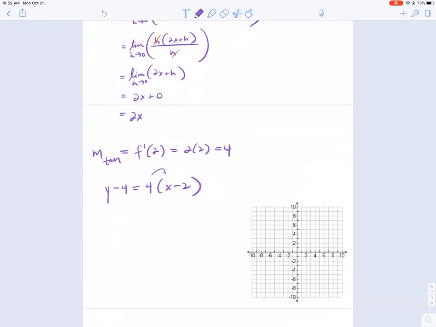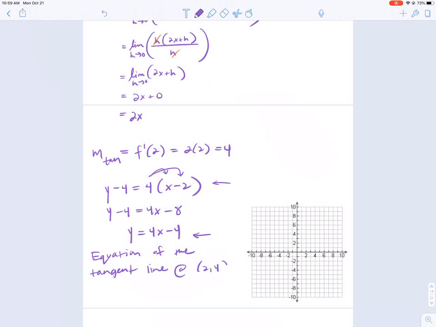Which if you wanted to change that to be in slope-intercept form, you could. Okay, so either point slope form or slope-intercept form is fine. That's the equation of the tangent line at 2, 4.